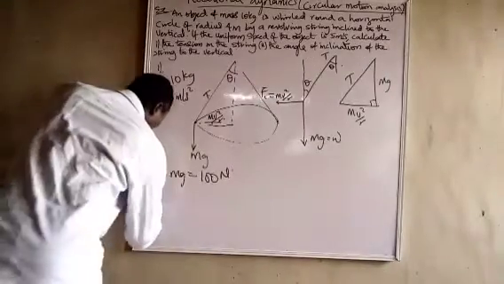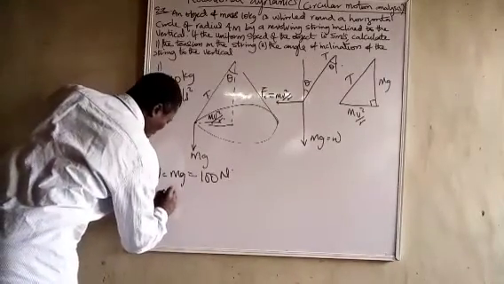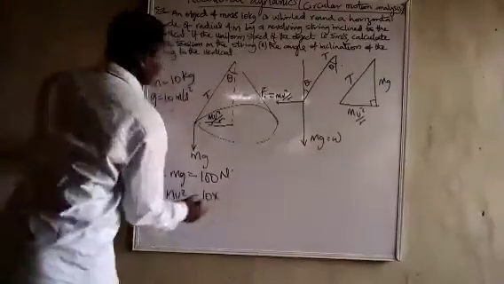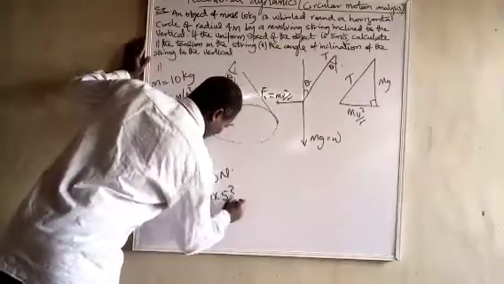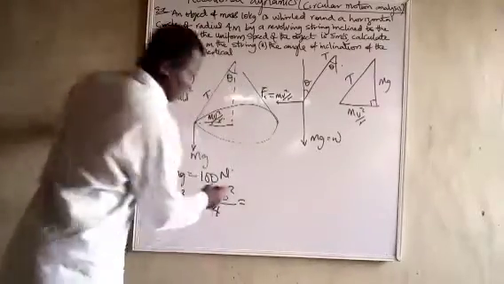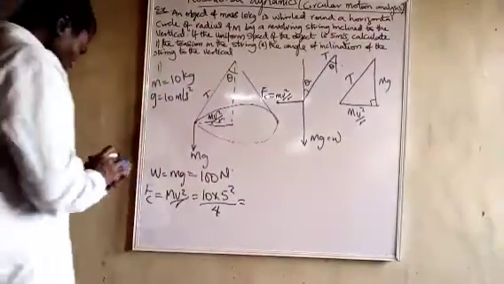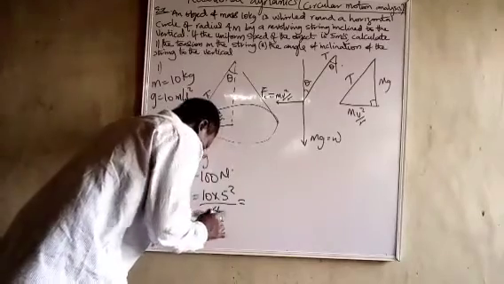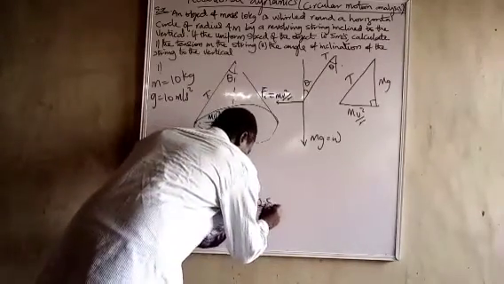Therefore, the centripetal force will be equal to mv squared over r. What's our m? 10. What's our v? 5. And what is our r? Radius is 4. And that is going to give us 62.5 Newton.